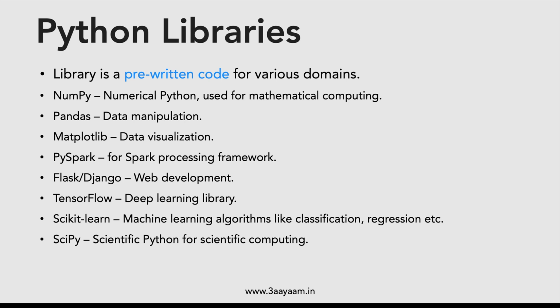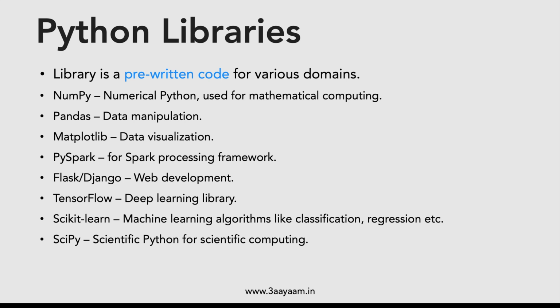Similarly, we have pandas. Pandas is used for data manipulation and data processing, and it can be used in machine learning also. Then you have matplotlib, which is used for data visualization. We have a library for Spark called PySpark, which is used to write code using the Spark processing framework.